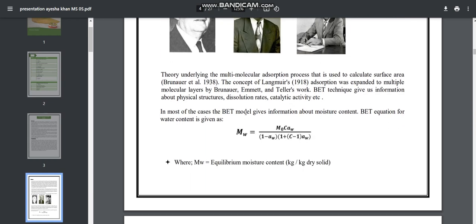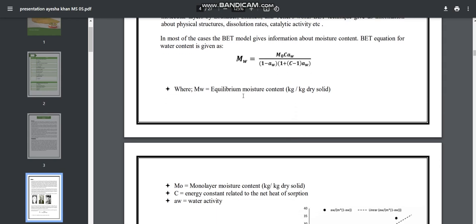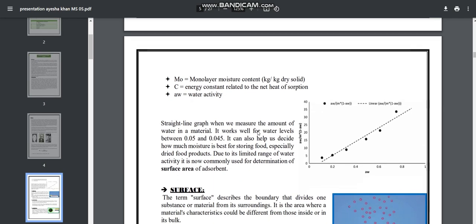In most cases, the BET model also gives information about the moisture content, and the equation for this moisture content is given as: M naught C AW over 1 minus AW into 1 plus C minus 1 AW, where MW represents the equilibrium moisture content, M naught represents the monolayer moisture content, C is the energy constant, and AW is the water activity.